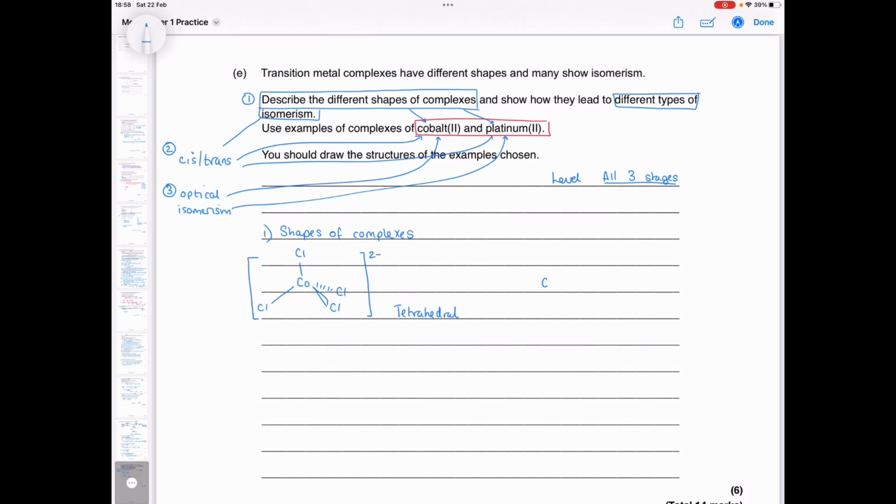We could also have the cobalt hexaaqua 2+, which is octahedral.